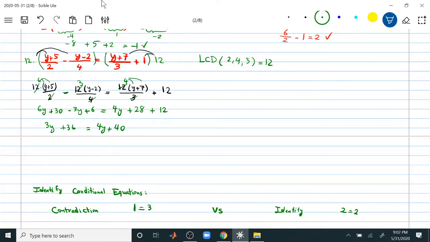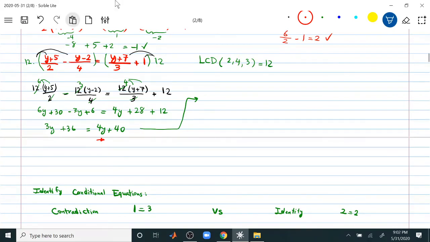Okay, so now continue here. Try to use the equality property. So I'll subtract 4y from both sides. You can subtract 3y if you want, it doesn't really matter. And at the same time, you can do it in 2 steps, or you can do it at the same time.